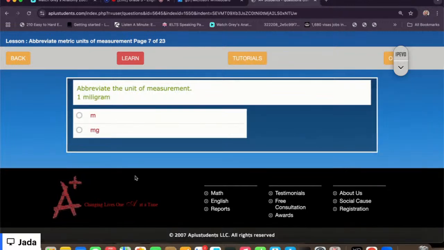All right. So we have 1 milligram. What is the abbreviated version of this?